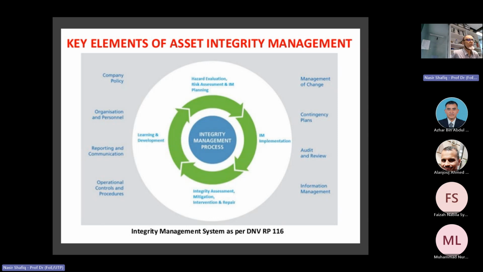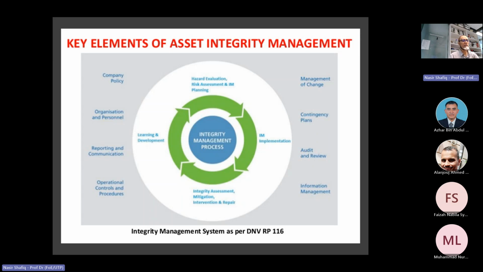So here are the key elements of asset integrity. In the shell, the nucleus is the integrity management process, right? There are 4 quadrants: hazard evaluation, risk assessment, and integrity management planning, right? So the first action is hazard evaluation, right?